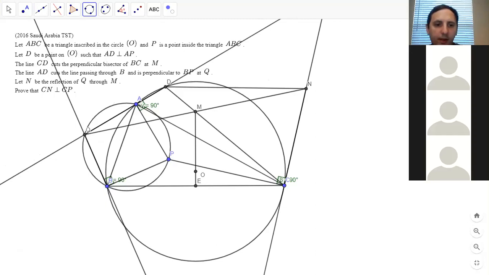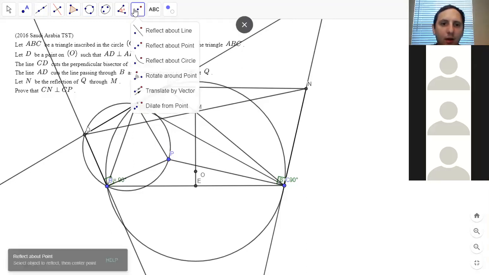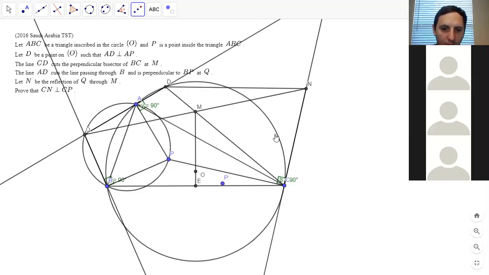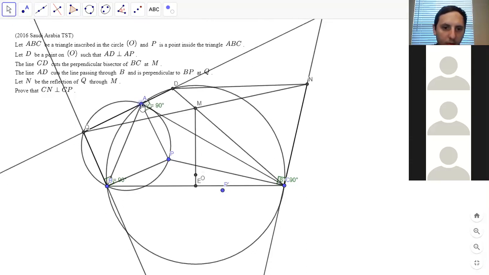So O and P, I think, are isogonal conjugates, right? Or maybe the reflection of P across O is the isogonal conjugate of P in the big triangle. Okay.